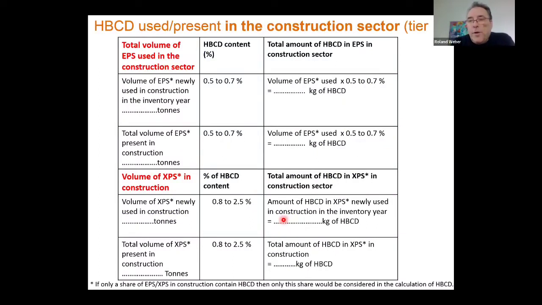Also here for the buildings, at least you can do one calculation. This is for the hexabromocyclododecane, where normally it is not too difficult. These are normally only 1, 2, or 3 companies which, in a small country like Palestine, are responsible for building insulation.